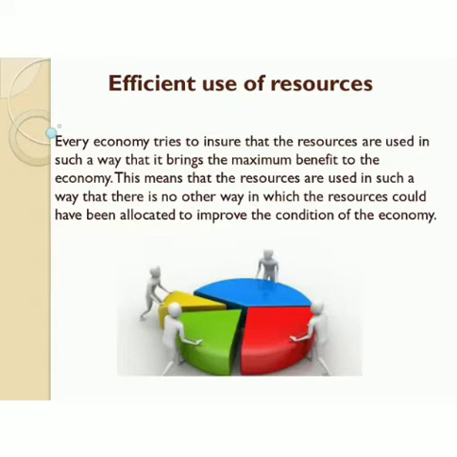And when it realizes that there is no other better way of reorganizing the resources, it comes to understand that that particular way of organizing the resources was the most efficient and the best way of utilizing them. So we say that the resources are used in such a way that there is no other way in which the resources could have been allocated to improve the condition of the economy.